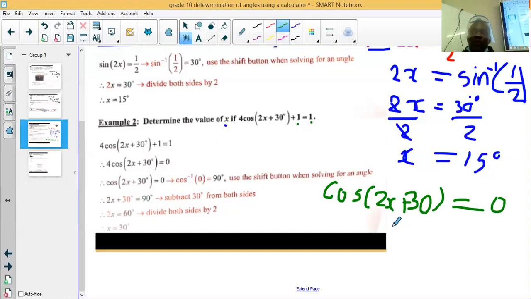Arc cos, you press shift and then on the left hand side you are going to remain with 2x plus 30. On the right hand side, if you press shift cosine, it will give you arc cos like that, right?